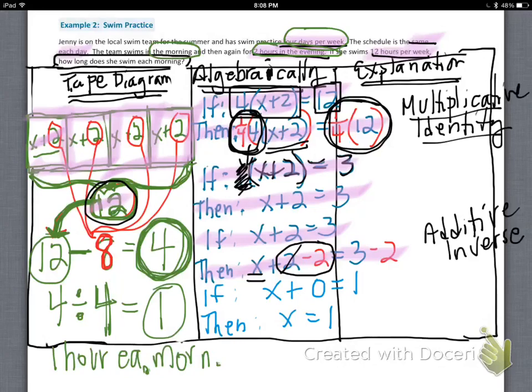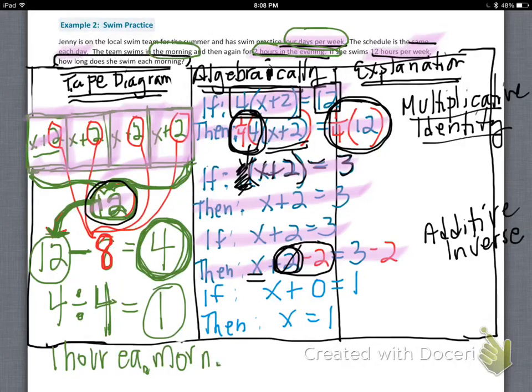And what's going to happen later on in algebra is this is not always going to be a positive 2 on this side. This could actually be a negative 2. And what I would have to do to get that to be 0 is I would need to add a positive. In this case, I am actually adding a negative number, that red -2 there.